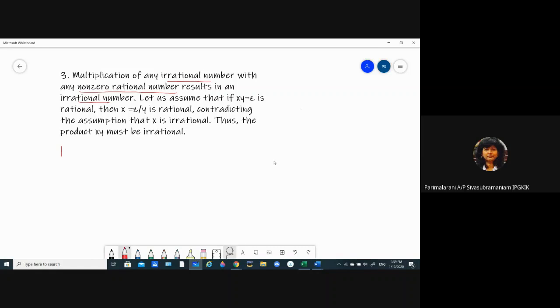Let's do an example here. This is multiplication. I have one rational number here, 3, multiplied by pi is 3 pi. So this is irrational.